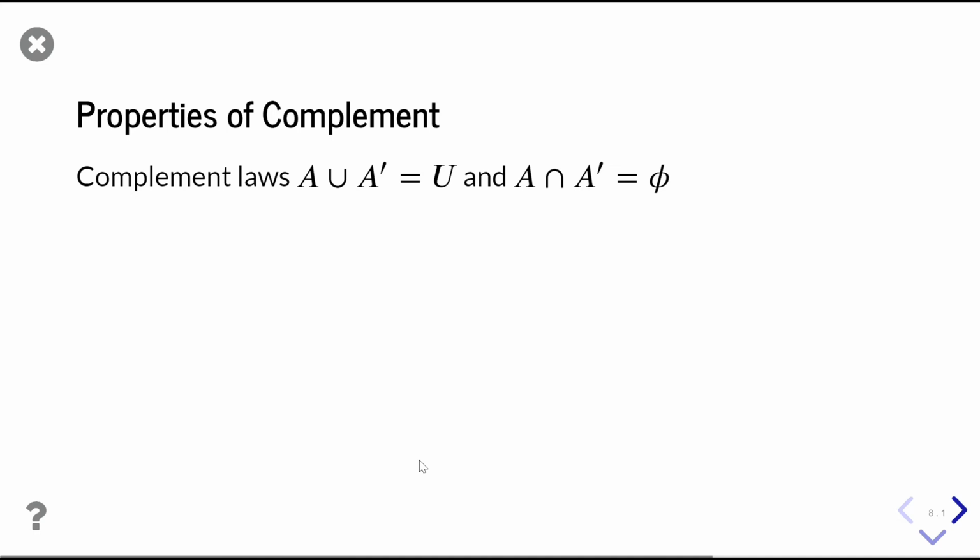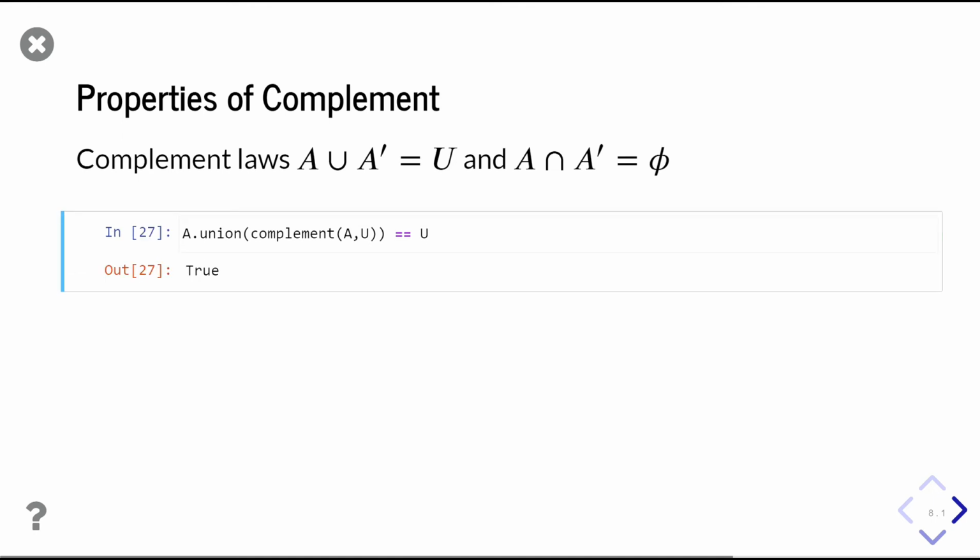Now properties of complement. We know that A union A complement is the universal set, and A intersection A complement is an empty set. We can check that. So we take A union the complement of A, and we check whether this is equal to U. Python says it is True.